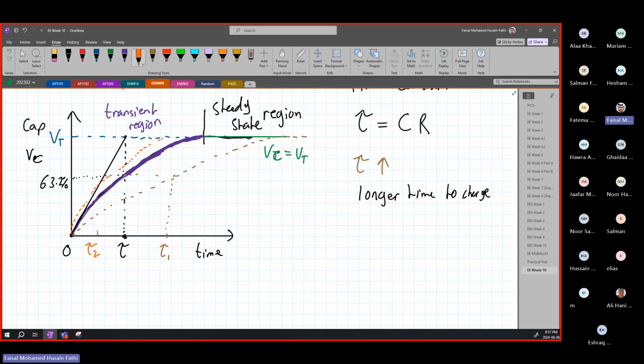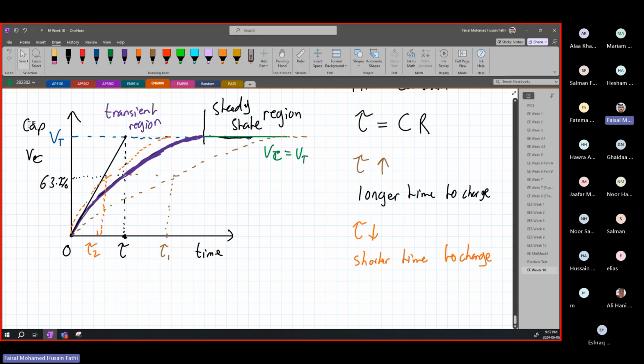That means it's going to reach faster, it's going to charge faster. So when tau is less, when the time constant is smaller, it reaches the 63.2% faster. Okay? Meaning a shorter time to charge.